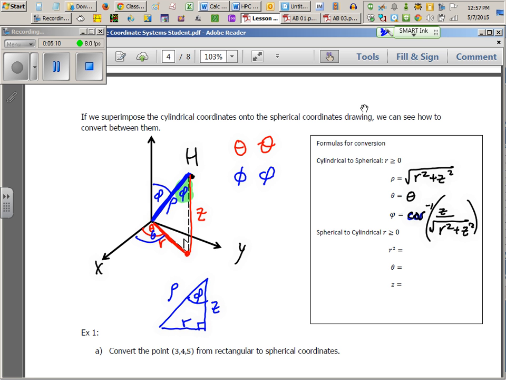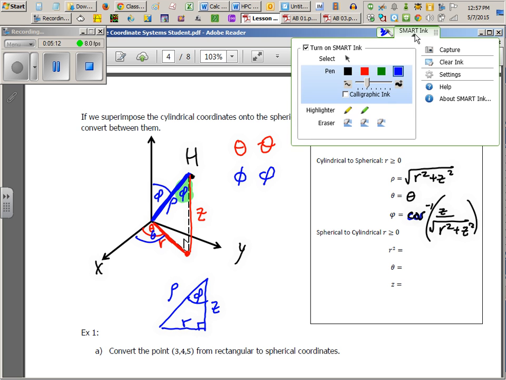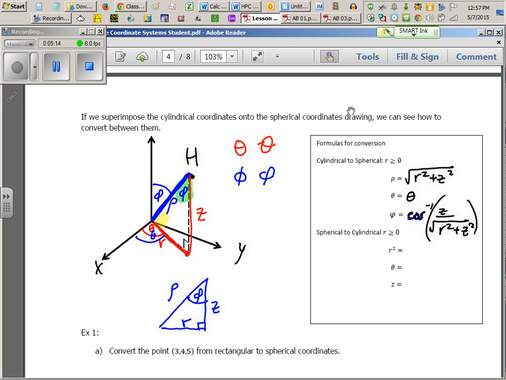Here's your right angle. I'm looking at this triangle from a head-on view. If you want to isolate r or write down something meaningful that involves r, and you really want only rho's, thetas, and phis, you probably don't need the z there.